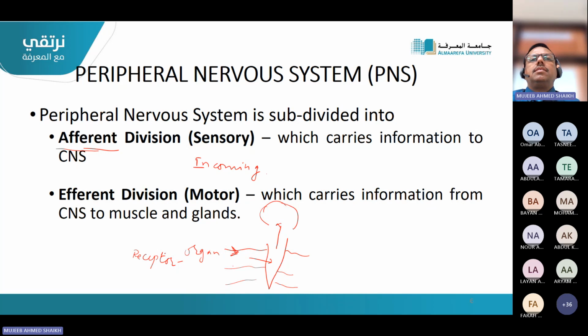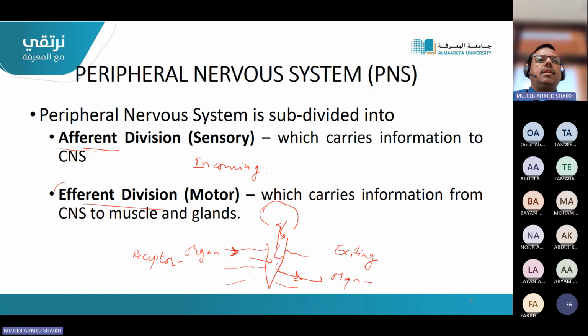After the information reaches the brain, the brain will give the command to that organ through the nerves, and these nerves will carry the information to the organ. So they are going out, they are exiting from the nervous system to the organ. We call it the efferent division.